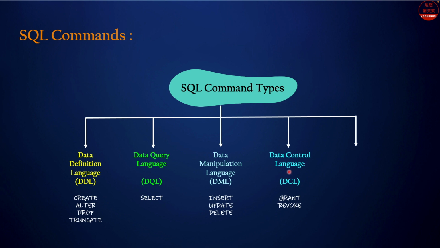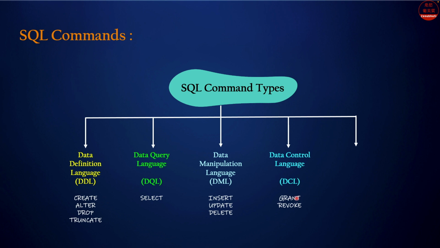Now the next one is data control language, also known as DCL. There are different users related to our database, and we want to grant some permissions, such as some user needs permission for inserting and deleting or updating the records in our database.